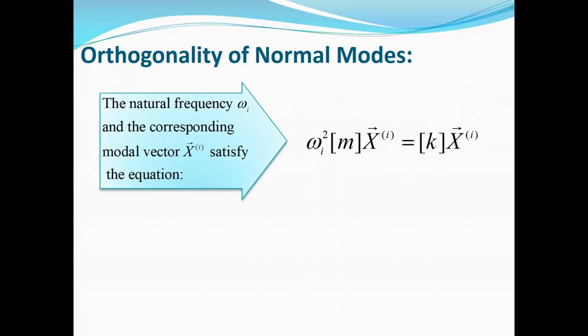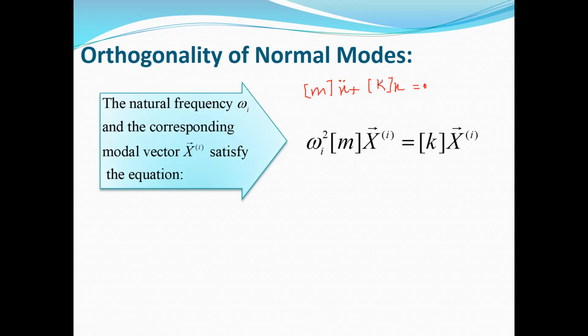From the free vibration of an undamped system, when we consider the response similar to the previous slides, you saw that we consider the response as x times a harmonic function such as cosine omega t plus phi, and then we substitute in the equation of motion. We had the matrix M multiplied by x double dot plus matrix K multiplied by x, and it was equal to 0 because this is a free vibration.